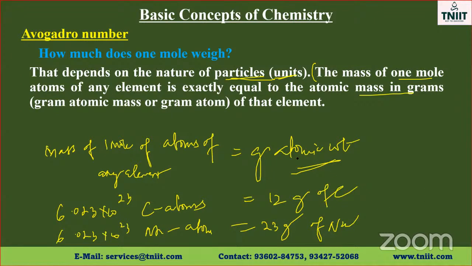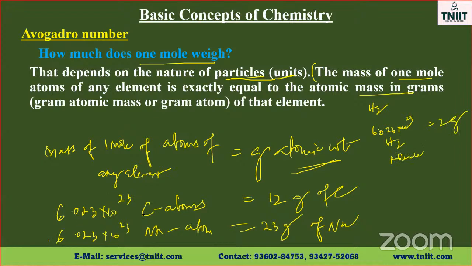That is what it means. It depends on the nature of particles. So we cannot generalize how much 1 mole weighs. It depends on the nature of the particles. So if you take hydrogen gas, 6.023 × 10^23 hydrogen molecules will weigh exactly 2 grams.